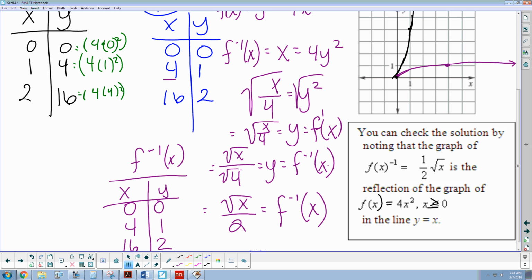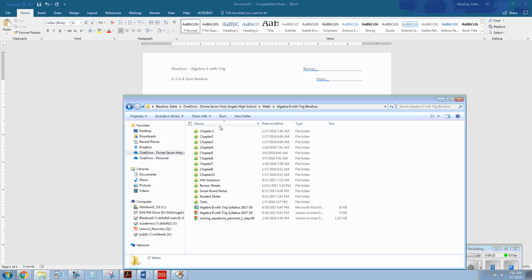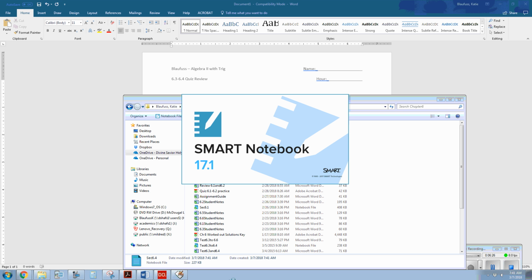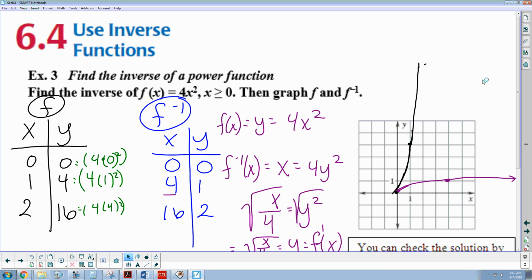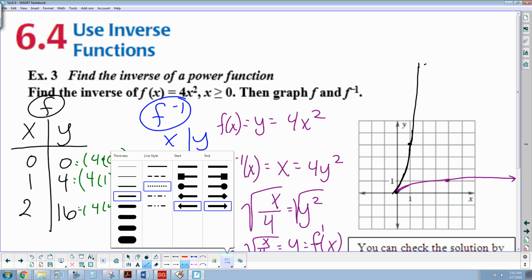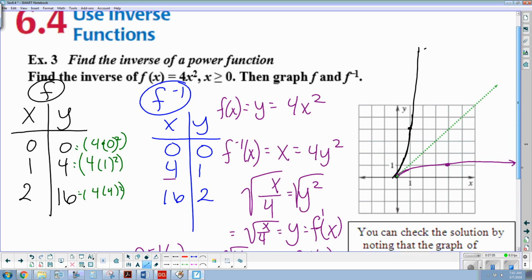So if we just sketch in our line y equals x here, you can see that this is a reflection over that green line. So that's a good way to check your inverse solution.